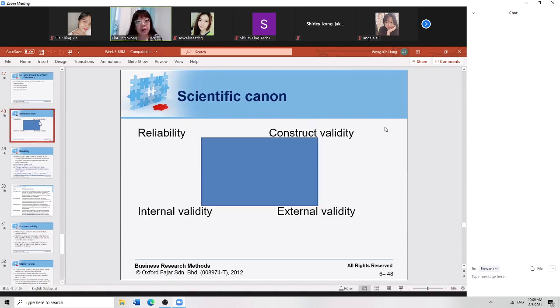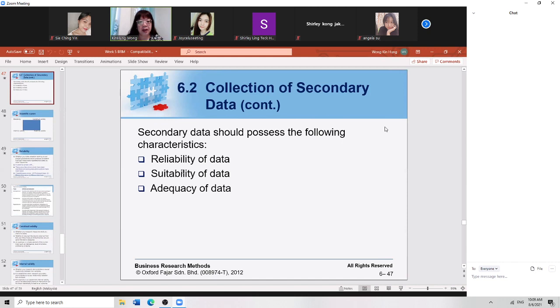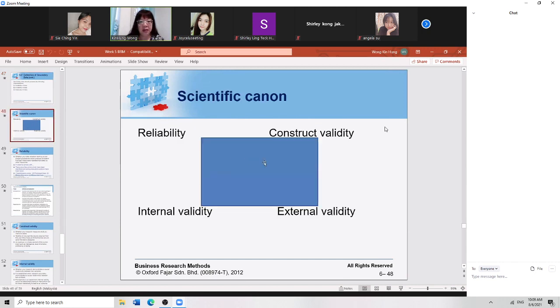So we look at the validity and reliability of the data, the suitability of the data, and the adequacy of the data.